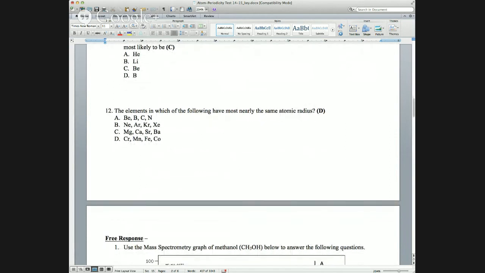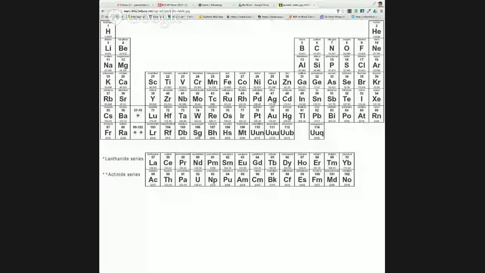You know what I'm going to do, I'm going to pull up a periodic table, a simple image on the web browser, so you guys can just look at it.